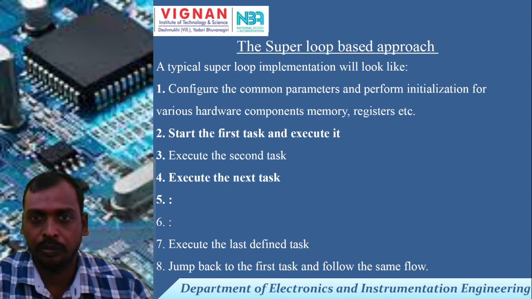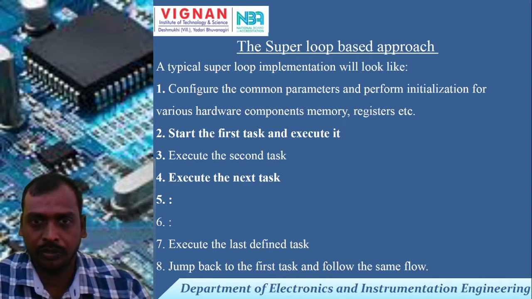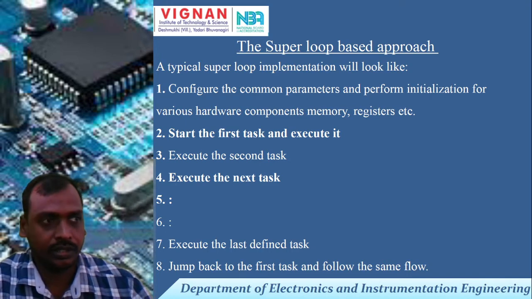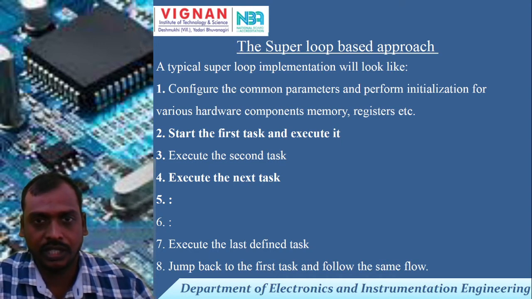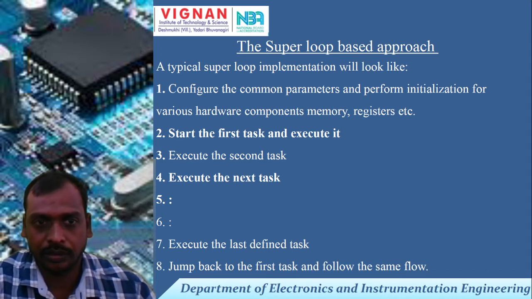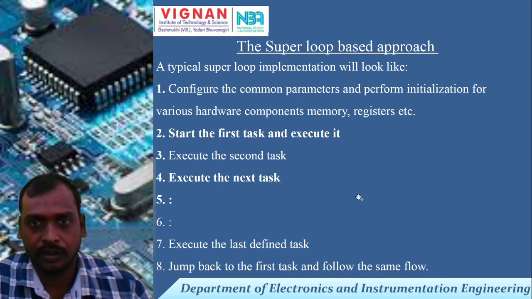The super loop based approach means writing the program such that the application contains many tasks, and those tasks should be executed. Based on the super loop, it will never end the loop. Here are a few steps for the super loop based approach.